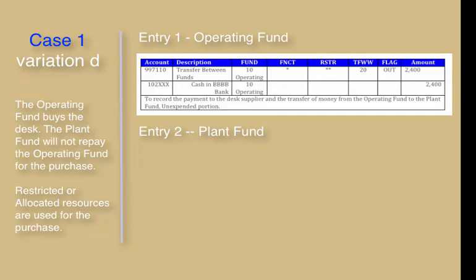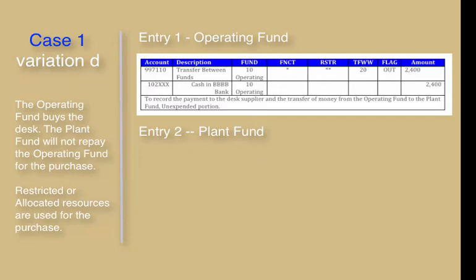Now, whenever the resources carry either a restricted or allocated classification, you're going to need to use the allocated function's function code as the function. If this particular entry were related to the allocated function of evangelism, the function code here would be AFOEVANG01. The restriction code will depend on the particular type of resources that have been set aside.